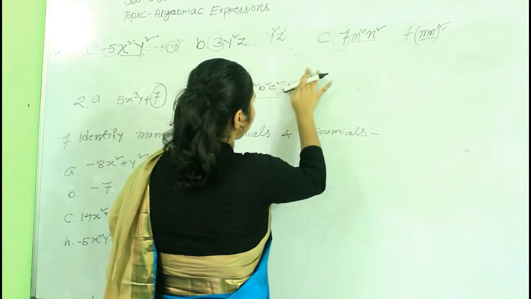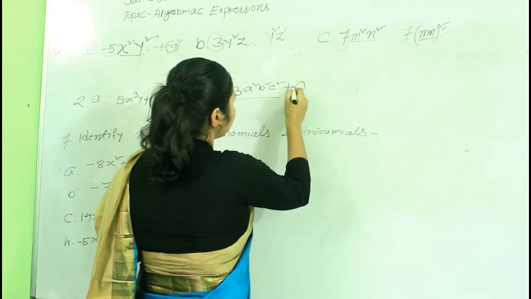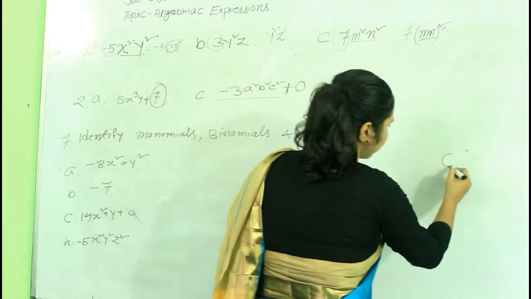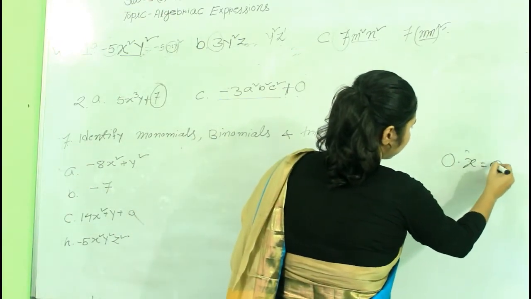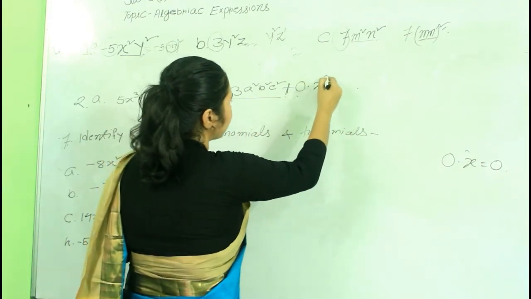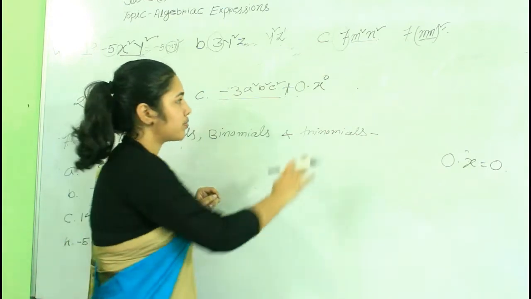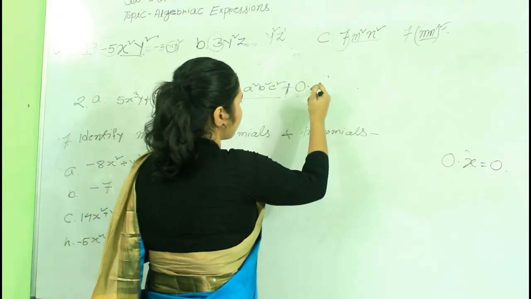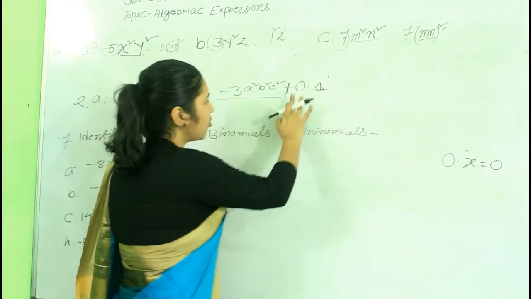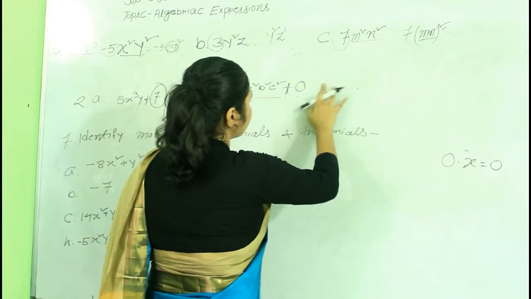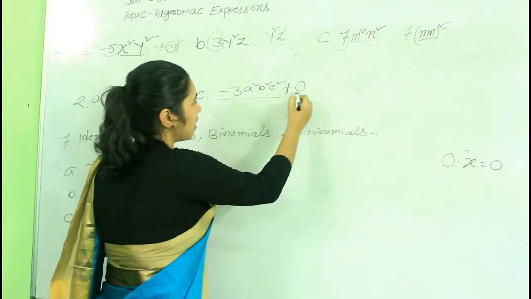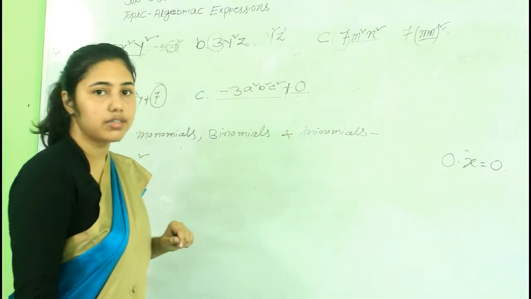Because if we multiply any rational number or any rational value with 0, we'll get here 0 only. Right? So we can write 0 into x to the power 0, which means 1. We know that 0 into 1 is equals to 0, right? So here 0 is our constant term.